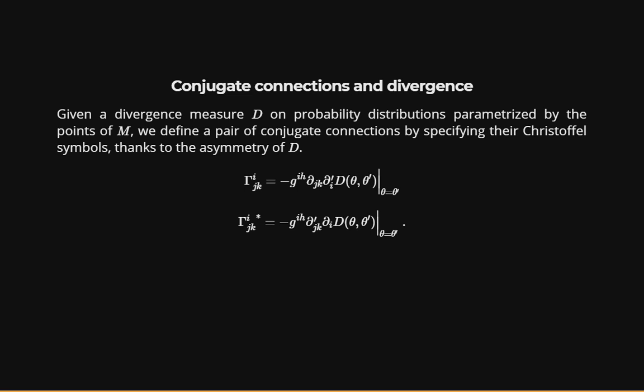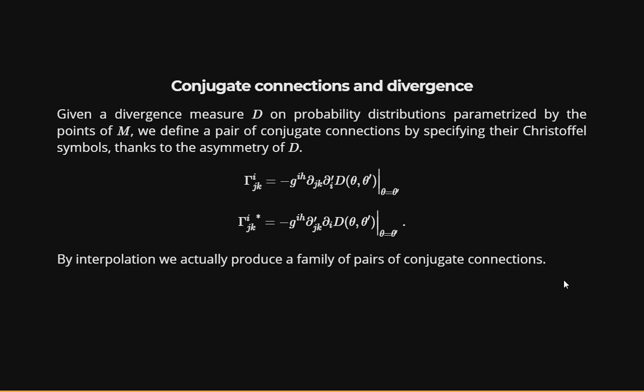Now, on these pairs of connections, you can study a lot of stuff, like, well, we will see what it is, but curvatures or geodesics or stuff like that, and they all have interesting interpretations in terms of the probability structure that you have underlying.